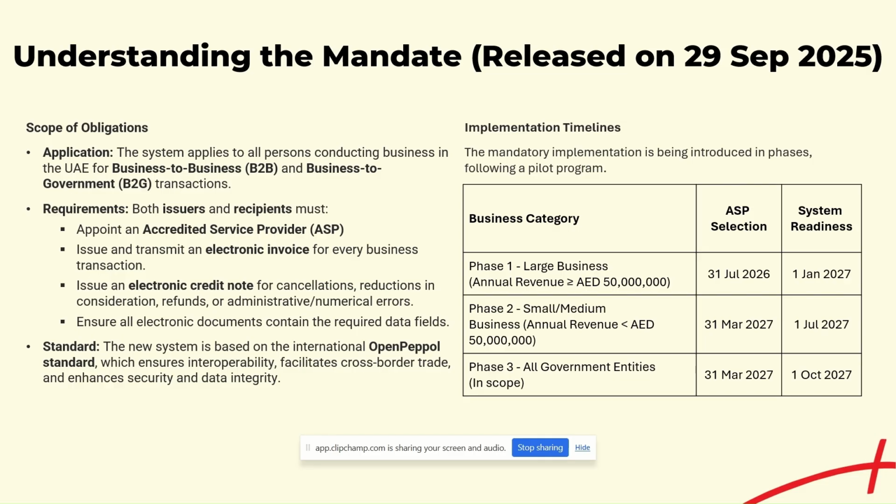For all government entities, they have to identify the ASPs by 31st March, and by 1st October 2027 they have to start invoicing.